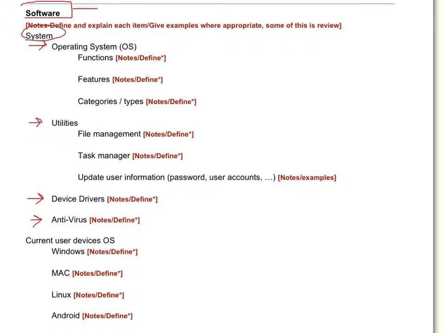There's no clear separation of the items I'm going to talk about here, but I'm going to take some features, functions, and categories of operating systems and try to define them, splitting these up. First of all, what does an operating system do? What are the functions of an operating system?